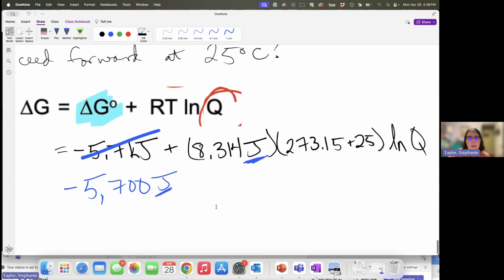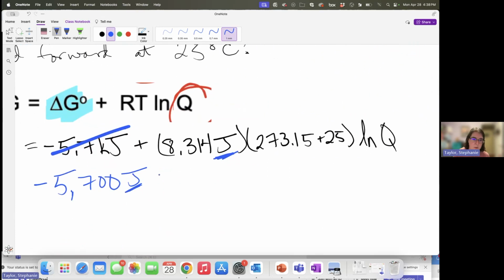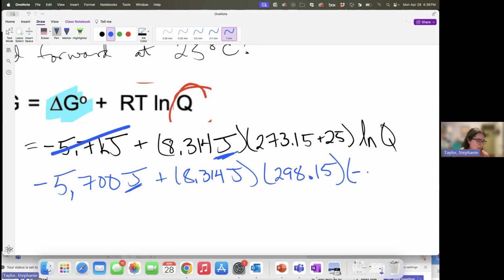So that is something I can put in here. Rewriting everything, 8.314, now we're in joules, times 298.15, and the natural log of Q is negative 8.29.